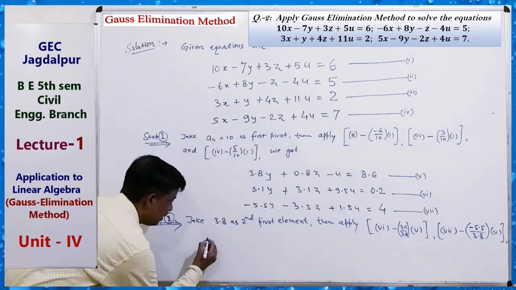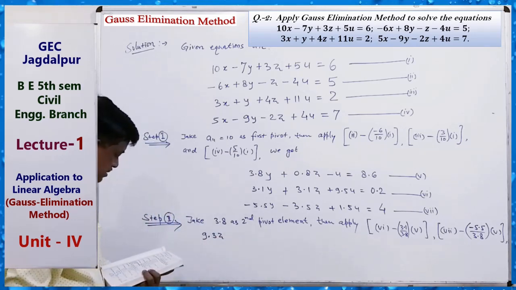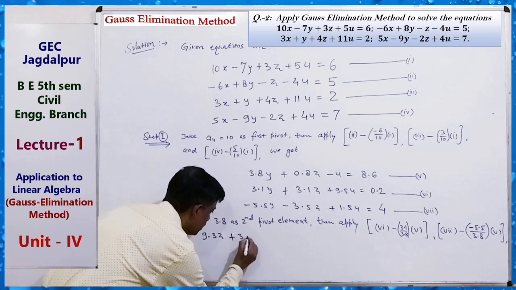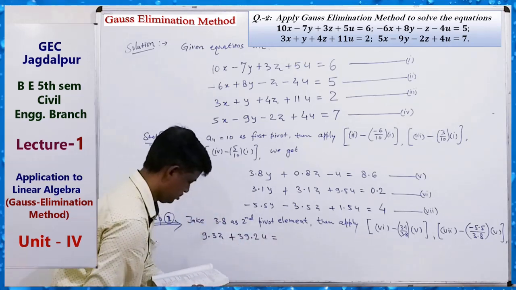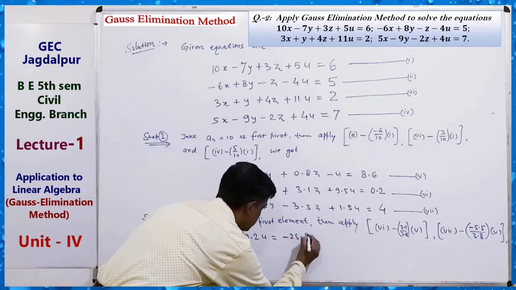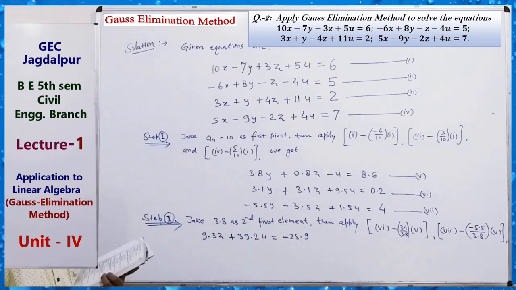So here take 9.3 Z plus 39.2 U equals to minus 25.9. You can get it by using a calculator also. So do it.